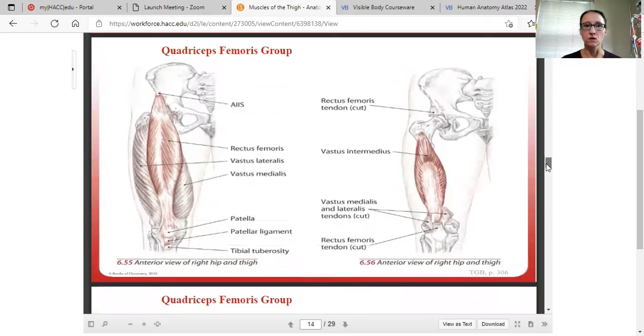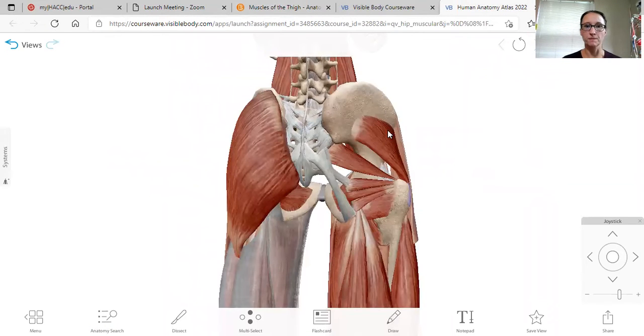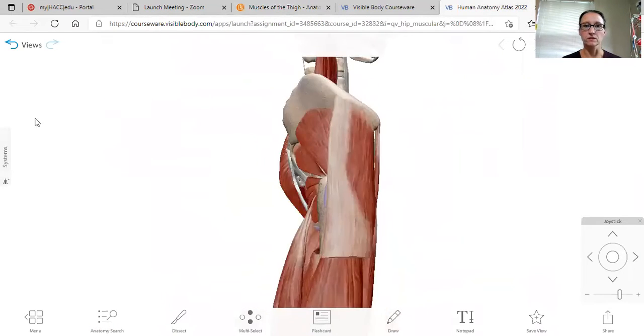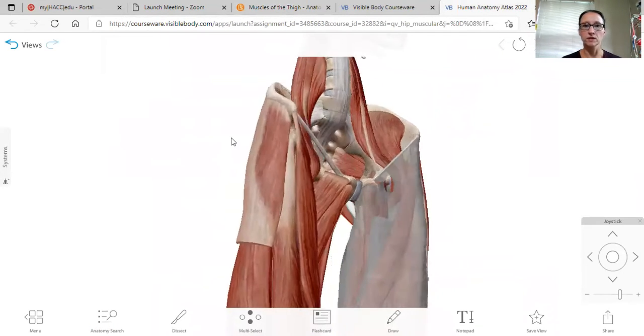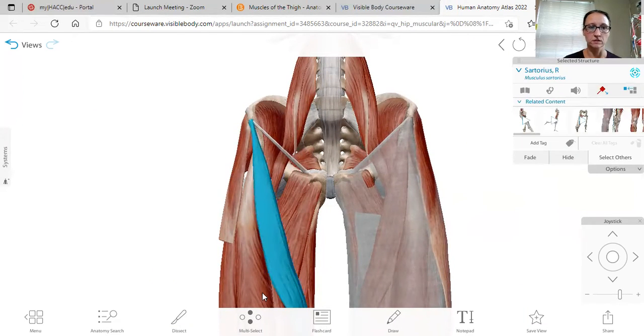And actually, if we go up to here, there it is. See right there, ASIS. And I have it on visible body as well. Come on, turn around. There you go. So these look a little bit different here. I'm going to hide sartorius for a second. There we go.